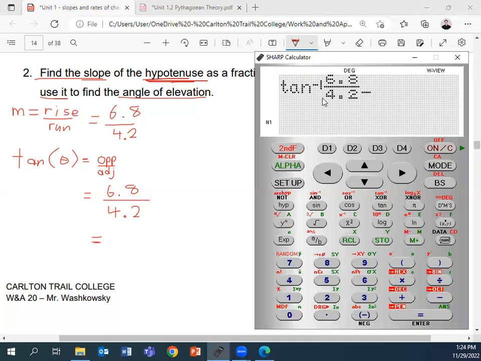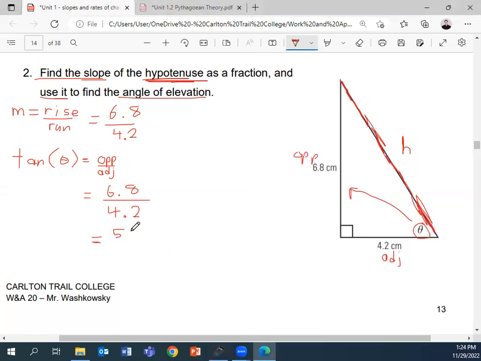Remember, you can just do it this way too now if you want. I just wanted to show you how that works. So it's my inverse of tangent, right? That's what that little negative sign means there. The inverse of my opposite over adjacent. That's what this reads. If I press equals there, 58.3 degrees. That sounds about right. That seems like an acceptable answer, just looking at it.